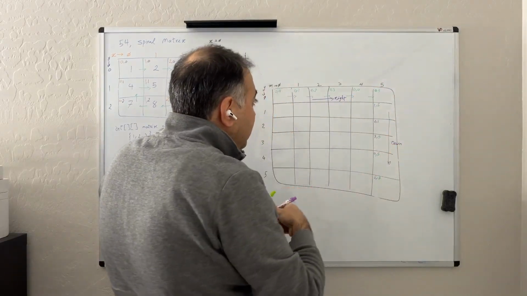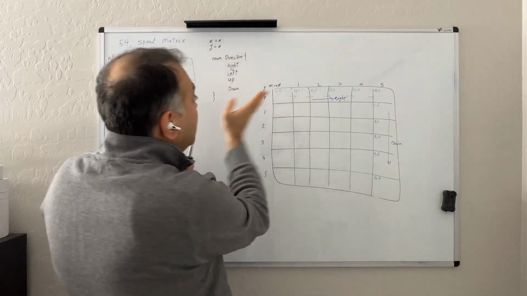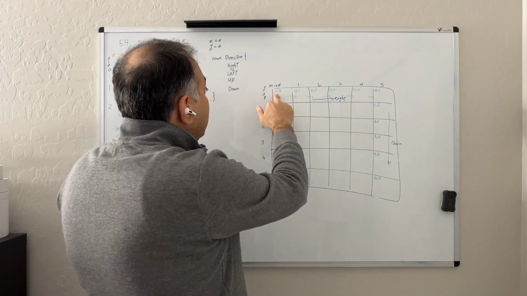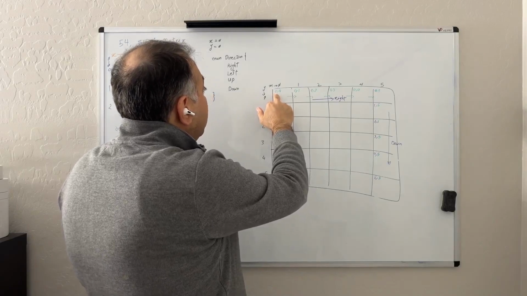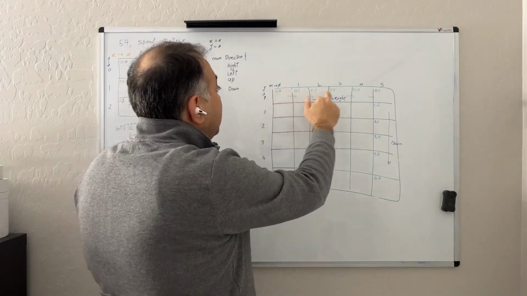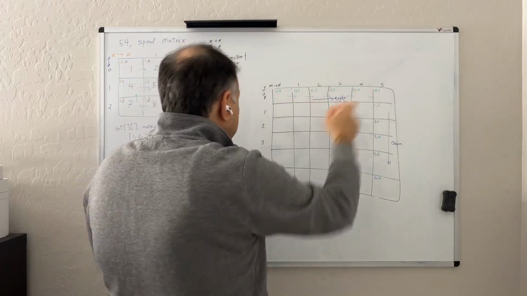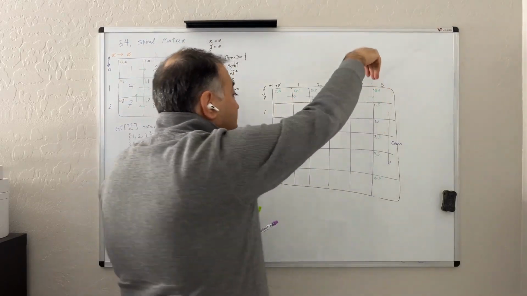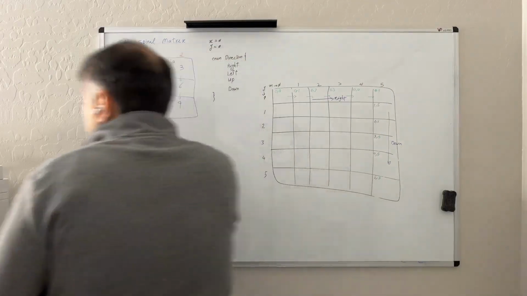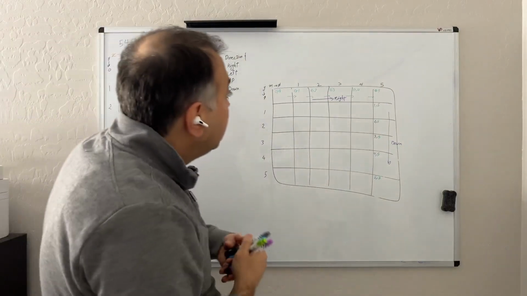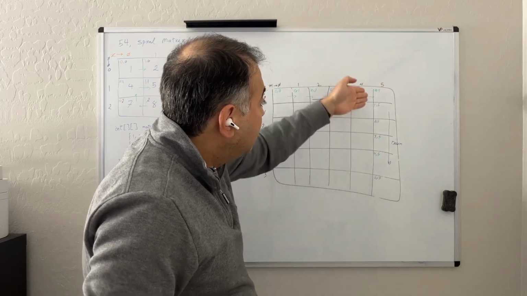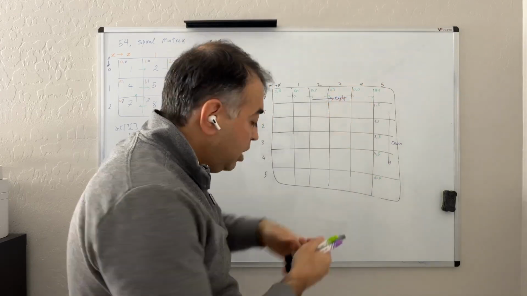And if you see here, when we go in the direction right, the row is 0. Only the column was changed. Then when we go down, the column is 5. The row number was changed.